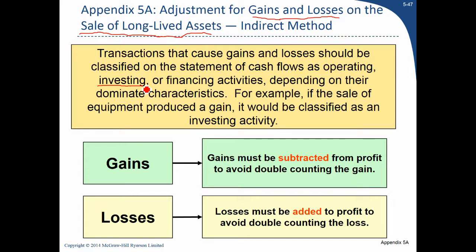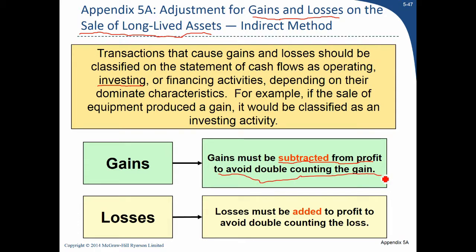Here's the problem. We have a gain sitting in our net income of $900,000. Therefore, we have to subtract the gain from profit to avoid double counting it.